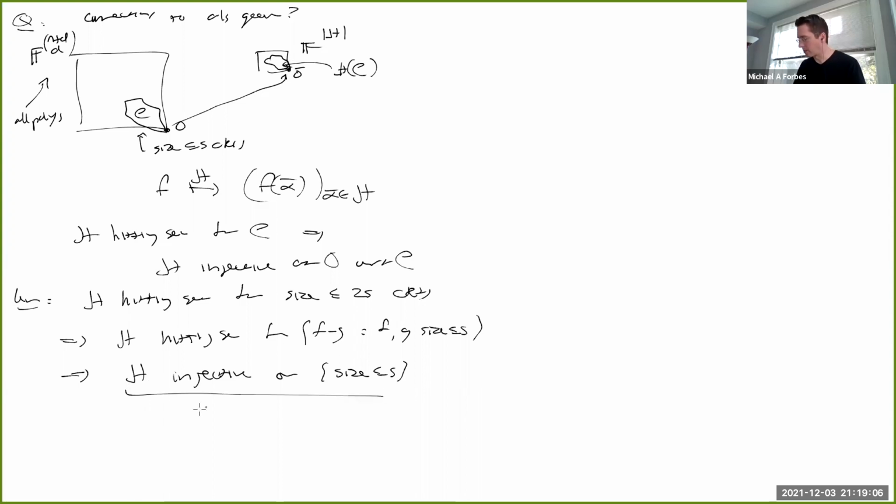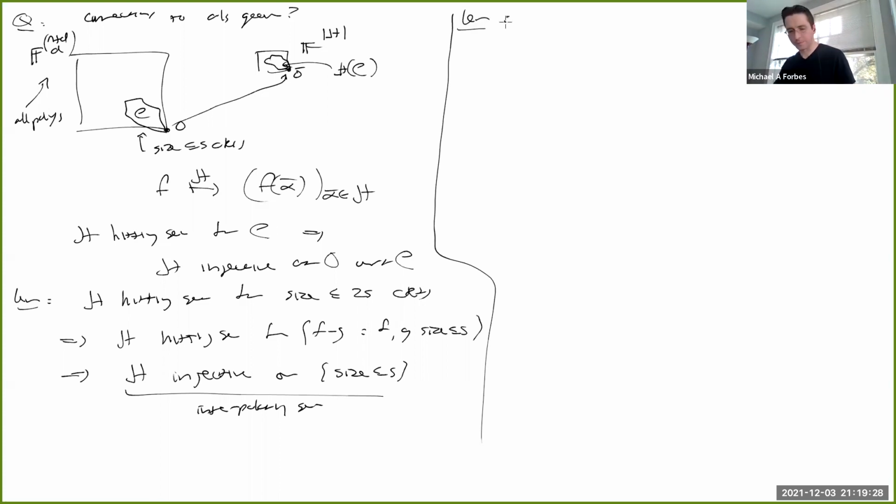If you have this property, it is called an interpolating set. This is a stronger notion of dimension reduction, preserving the structure of C. Because it follows from hitting sets, I'm mostly going to focus on injectivity at 0, because that suffices by this argument.